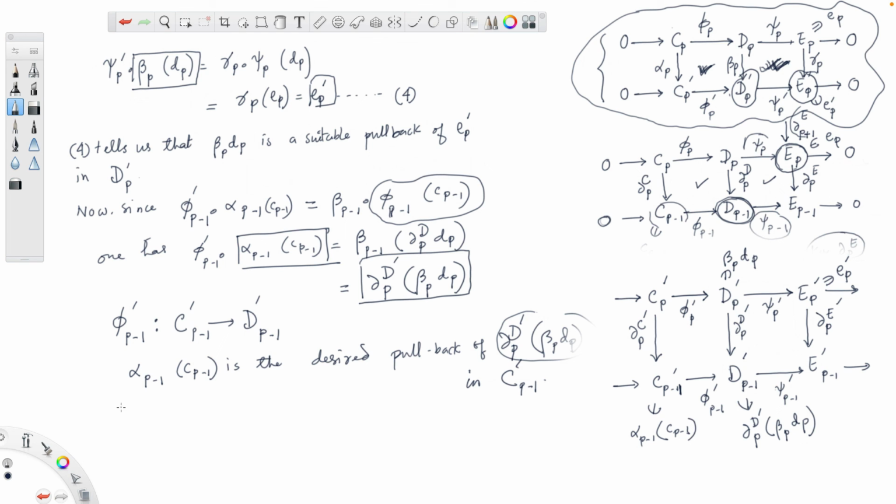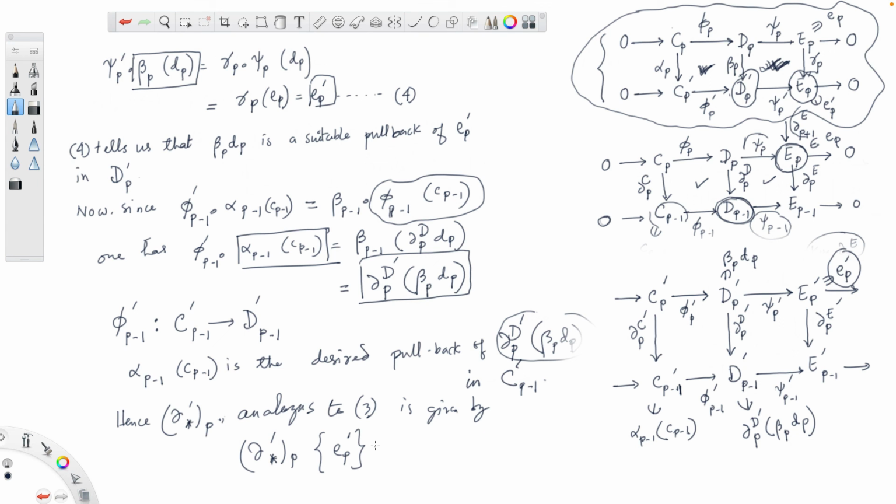So now, from the definition of the homology boundary homomorphism, which is analogous to equation 3, delta star prime_p acting on e_p prime gives us the class of alpha_{p-1} of c_{p-1}, which is nothing but the homomorphism alpha_{p-1} star acting on the class of c_{p-1}.